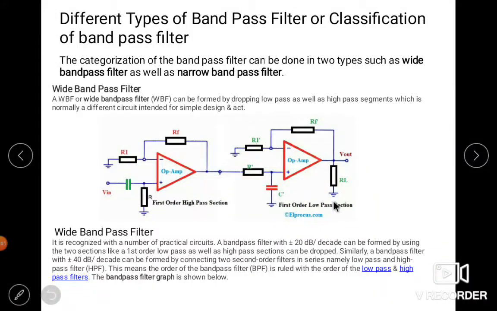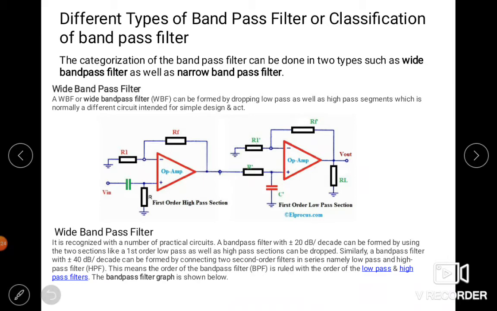Hello student, today I am going to teach you the third part of the filter, in which we have again classified the band pass filter and see what type of band pass filter it actually is. There are two types of band pass filter in your curriculum.